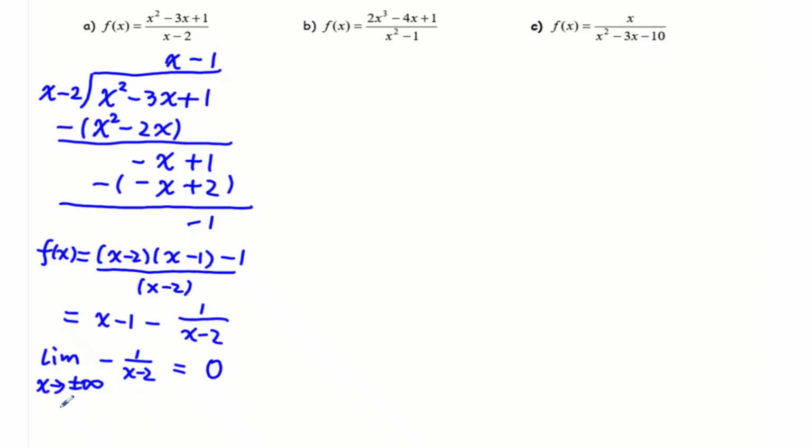If it's positive infinity, you will see it's negative, 1 divided by positive, so it's from the negative direction. And if it's negative infinity, we put 1 divided by negative, then negative again is positive 0, so it is from above.